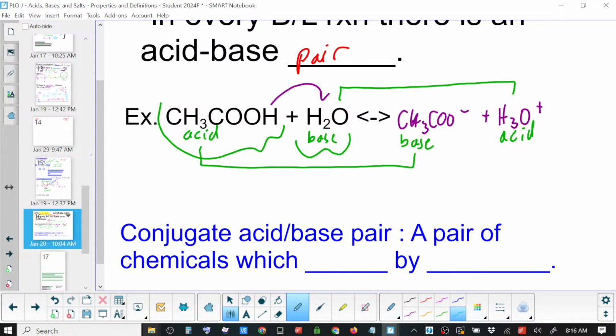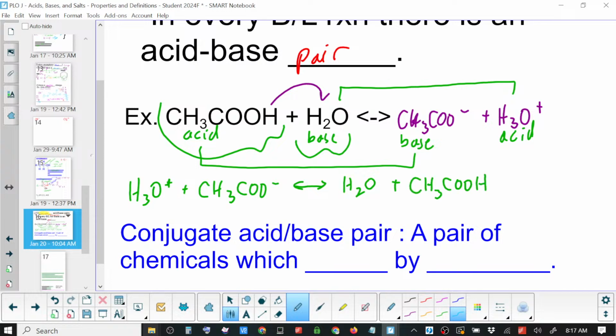We can also write this in the reverse. H3O plus. And that way we have the acetate ion acting as a base, in which case we have an acid and a base making a base and an acid.